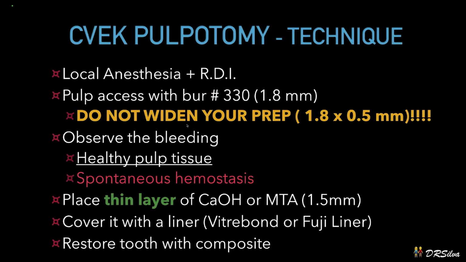And then you place a thin layer of pure calcium hydroxide. Please do not use Dycal or MTA if you have. Place a thin layer in contact with the pulp tissue, and then you cover with a resin modified glass ionomer liner. It can be Vitrabond, it can be Fuji liner, whatever you use in your practice.